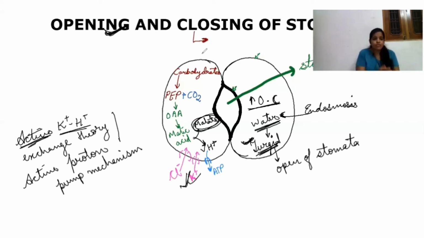Now, the most accepted reason for the closing of stomata is ABA. What is ABA? It is abscisic acid. Abscisic acid is also known as the stress hormone. ABA, abscisic acid, is a plant growth regulator which closes the stomatal pores.